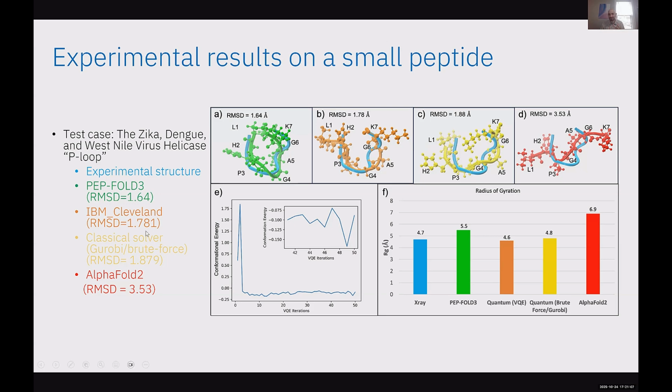Which is a problem, of course. We want to get into a regime that we know is classically hard. But having said that, our motivation was, we can solve this using classical solvers, essentially classical optimization tools. But nobody really uses classical solvers for protein structure prediction, because most people don't think about protein structure prediction as an optimization problem.